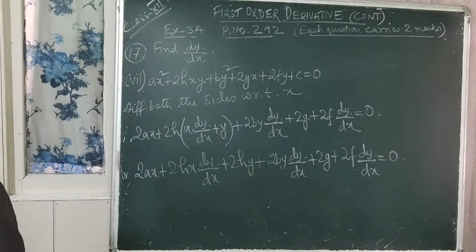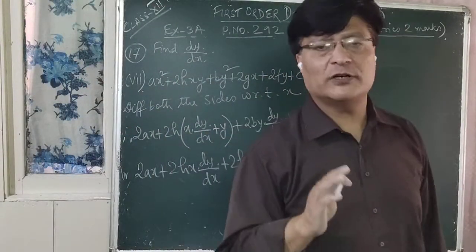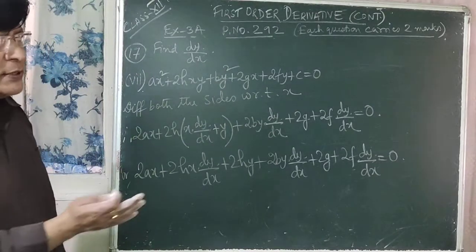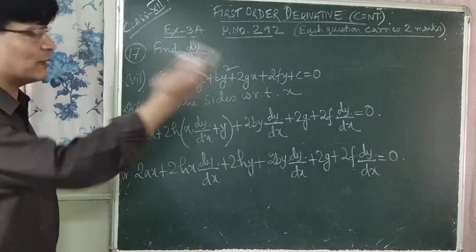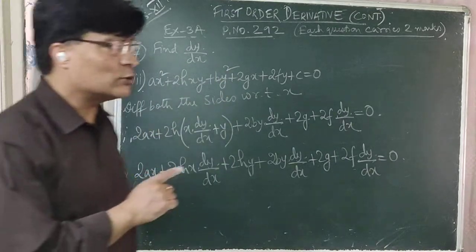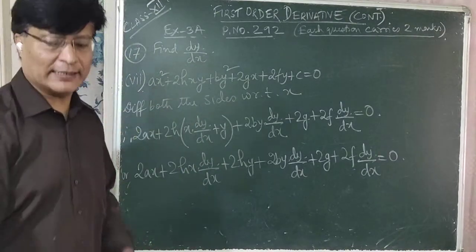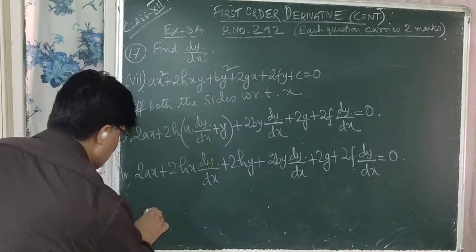Is it clear to all of you? Now what is to be done here? You have to find out the value for dy by dx. So now keep the terms containing dy by dx on the left hand side and take all of the other terms to the right hand side. That means the terms which do not contain dy by dx, take them to the right hand side.